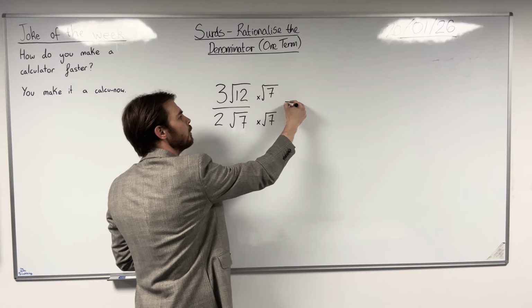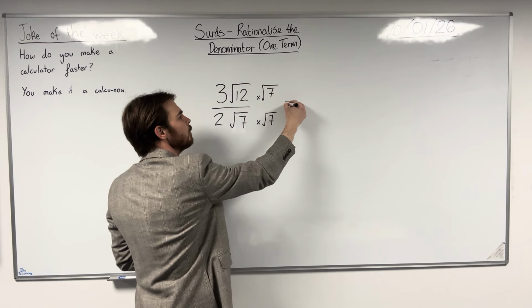Now, on the numerator, I'm going to break everything apart. So I have a 3 multiplied by, let's break this 12 into the square root of 4, my square number, and the square root of 3. And then I have that square root of 7 on the end. Now I'm going to slowly simplify this, okay? The square root of 4 is a 2.